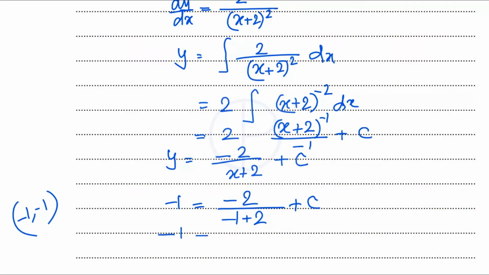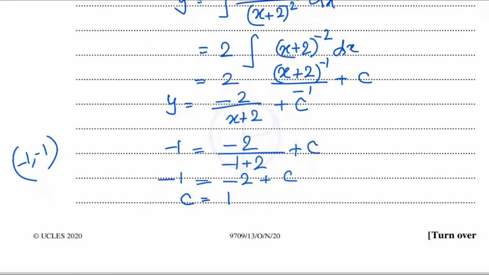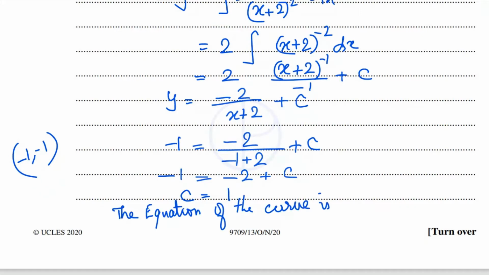Negative 1 equals negative 2 divided by positive 1, so negative 2 plus c. Bring this negative 2 to the other side: 2 minus 1, you will get 1. So c is 1. So the equation of the curve is y equal to negative 2 divided by (x plus 2) plus 1.